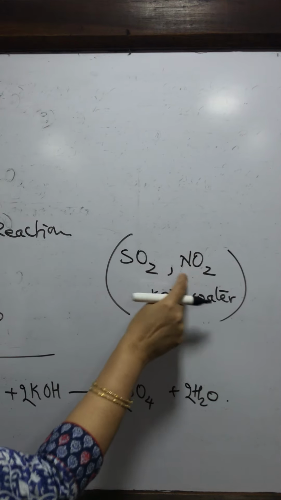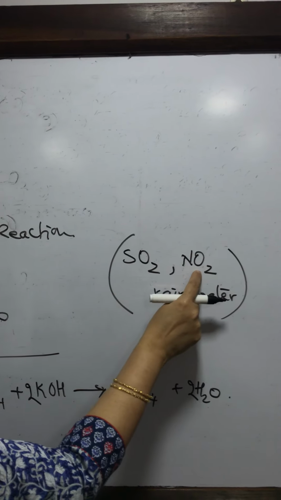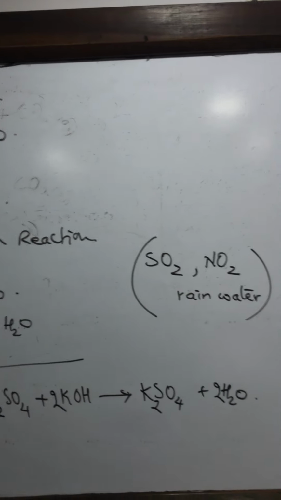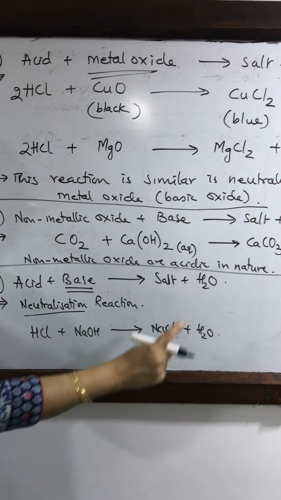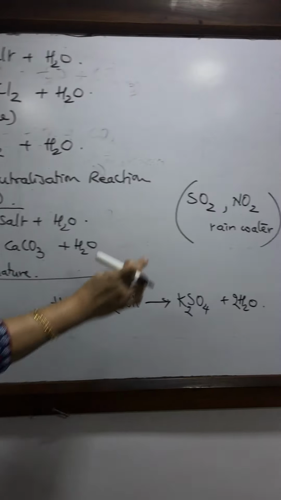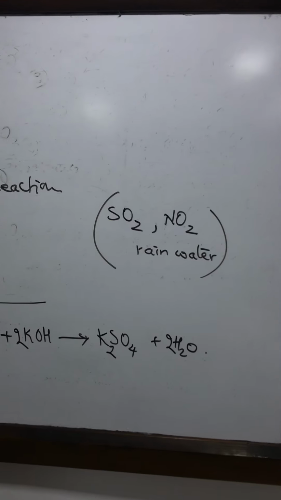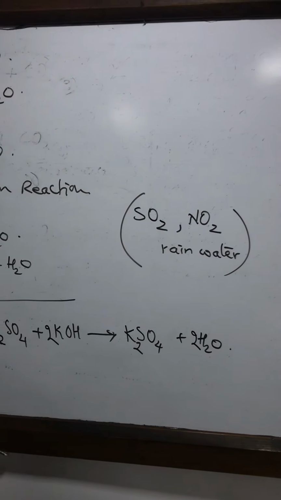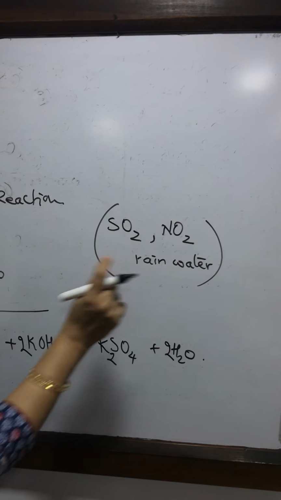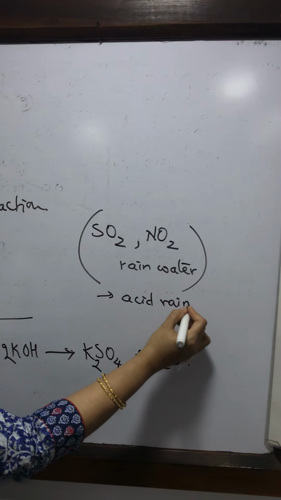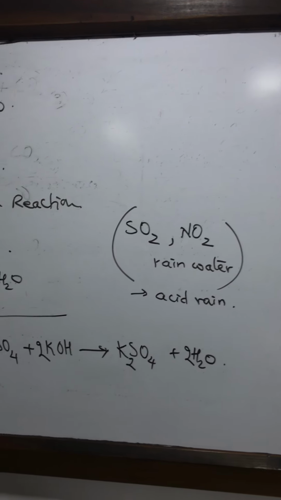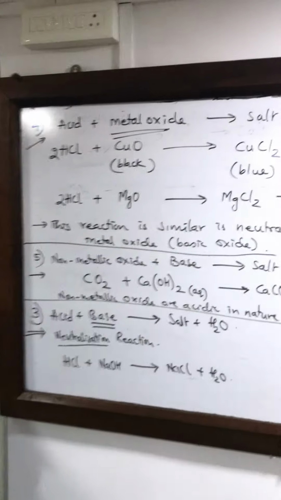The oxide of nitrogen, that is nitrogen dioxide, is also non-metallic. And just now we have said that non-metallic oxides are acidic in nature, and therefore these gases, sulfur dioxide and nitrogen dioxide, are also acidic gases. So when they dissolve in rainwater, they form acid rain. So we studied 5 properties of acids.